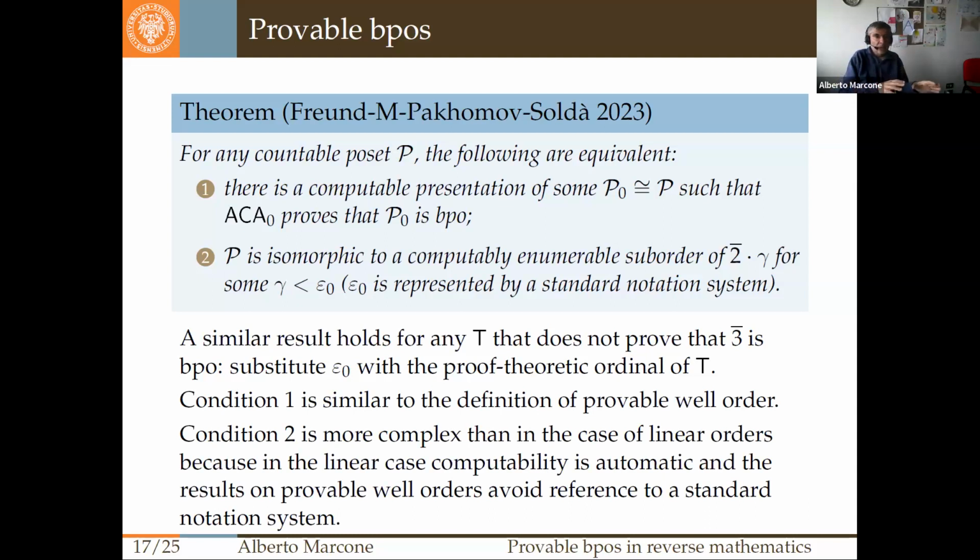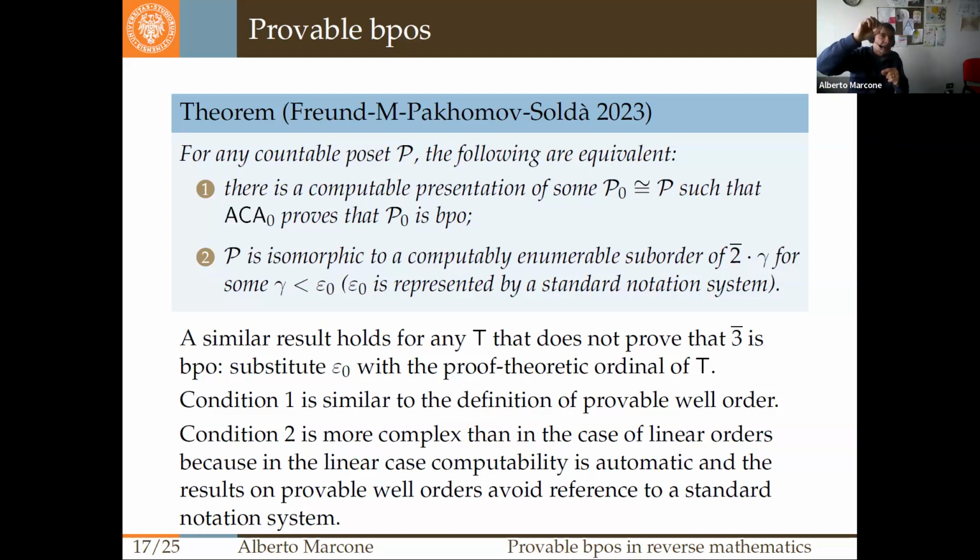So gamma is an ordinal which is smaller than epsilon naught, and we figure that epsilon naught has been represented in some standard notation system, so that gamma inherits this presentation there. And 2 bar times gamma means just gamma copies of 2 bar, one on top of another. So this is a well-ordered sum of length gamma, which in a theory such as ACA0, we know is well ordered because gamma is smaller than epsilon 0.